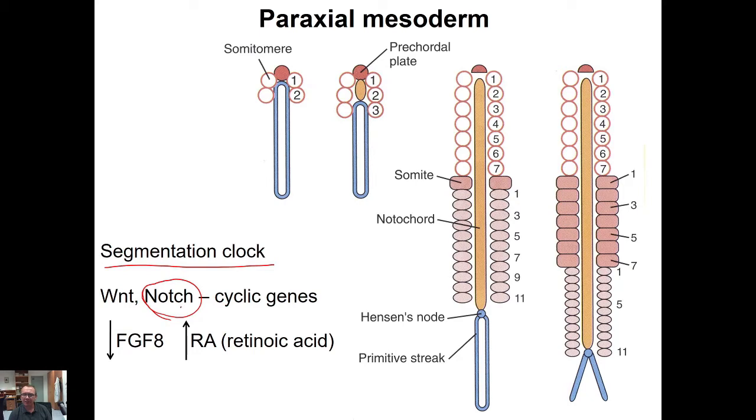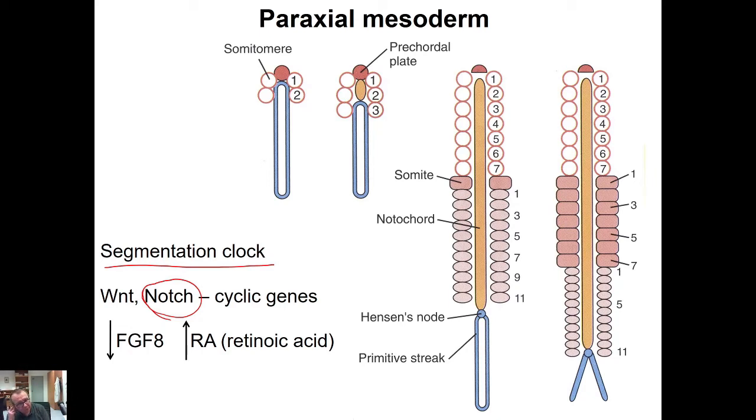Its highest level develops in time, and when there is a highest level of notch, or the protein expressed from the gene notch, then a signal for formation of a new somite is here. So somites develop in very regular order.